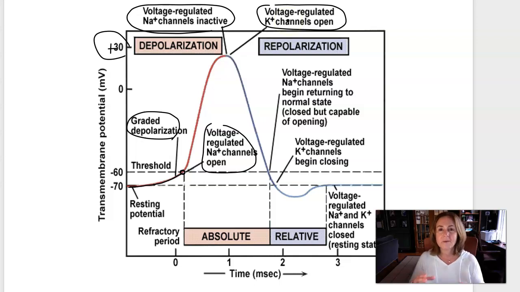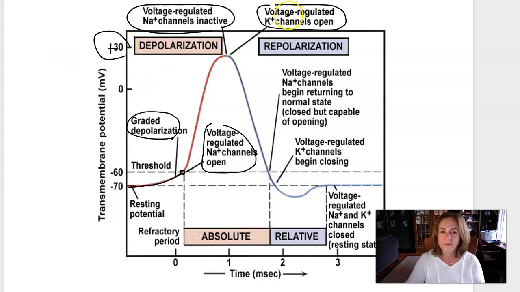Because the potassium concentration is high inside the cell, low outside the cell, so we expect potassium to leave. Furthermore, because we let all of the sodium in, now the inside of the membrane is more positive than the outside of the membrane, so not only does the concentration gradient of potassium drive potassium to leave the cell, but potassium, positively charged potassium, is electrically repelled by all the positively charged sodium that entered the cell.